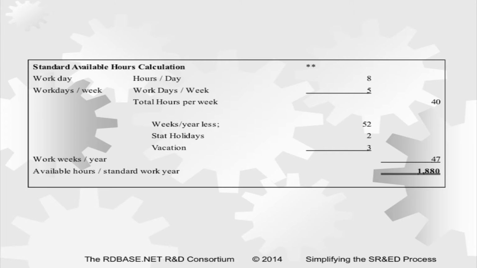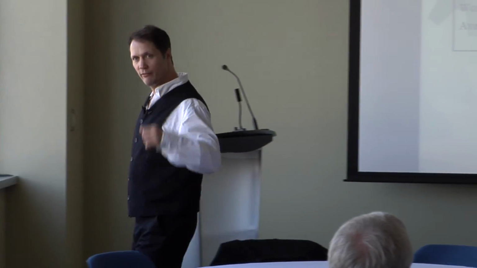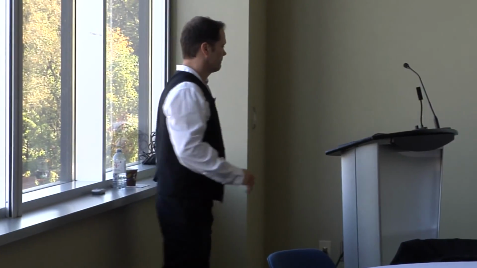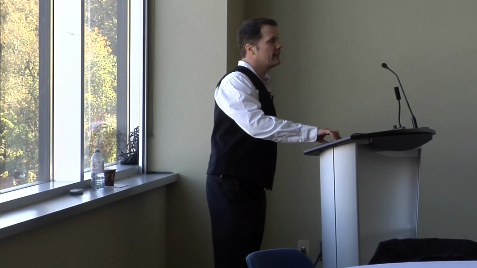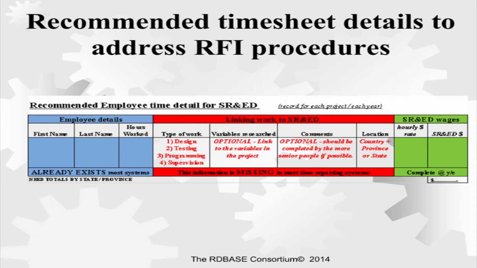It's actually 47 weeks a year that they're actually working, 5 weeks that they're gone, as we said. So that's really only 1,880 hours in an average man year. It's not the 2,200 that you'd expect because of those 5 weeks coming out. That difference makes a huge difference in how you calculate the salaries and wages, right? So this is just a quick example of how we do it.